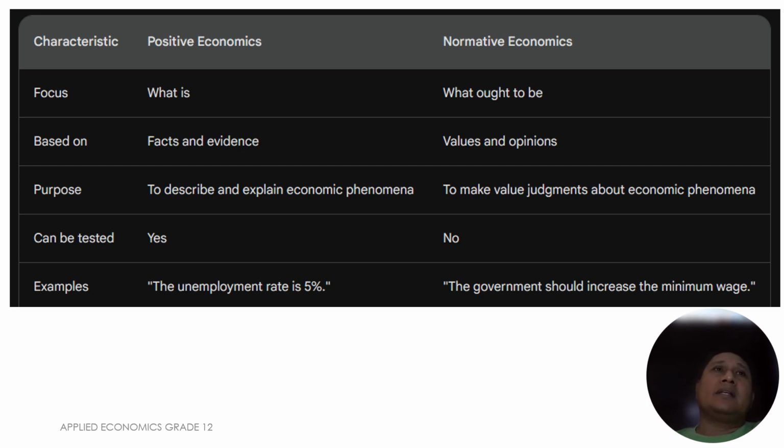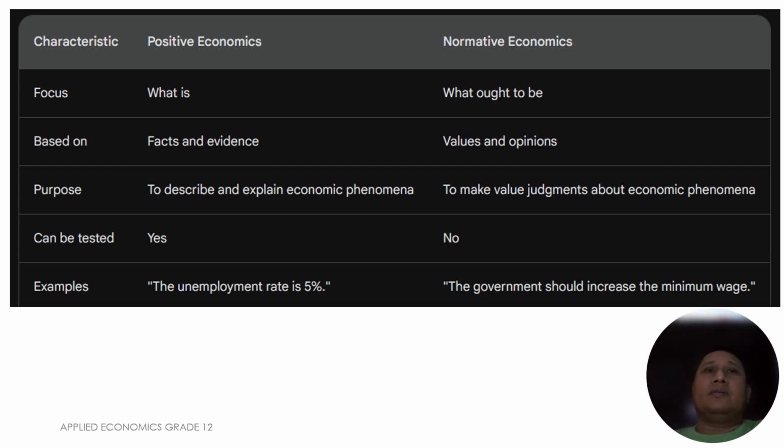Positive economics, since it is based on facts, can be tested or verified. Normative economics, since it's based on opinions and values, depends on what kind of person is giving the opinion.